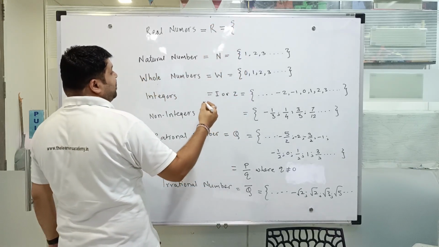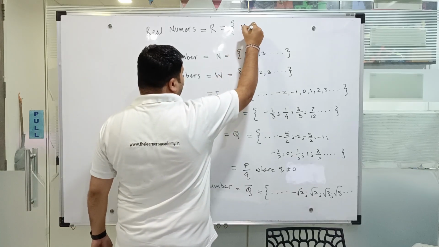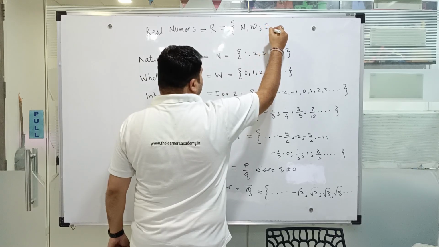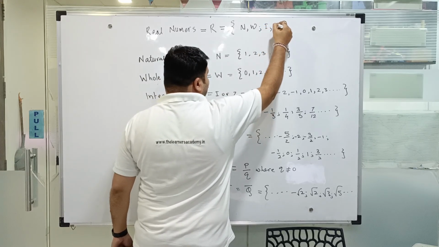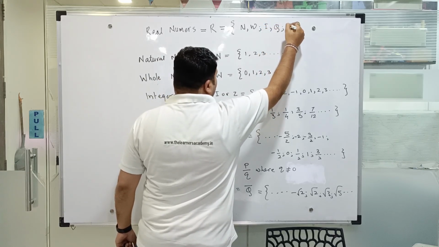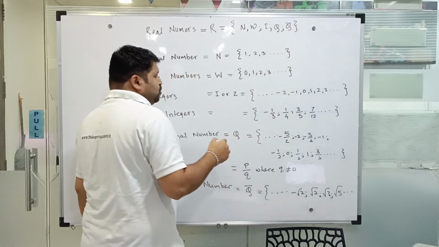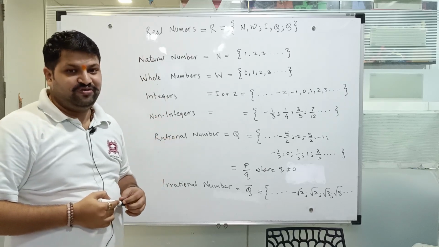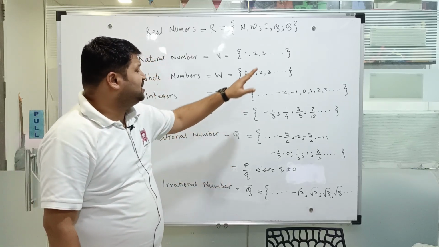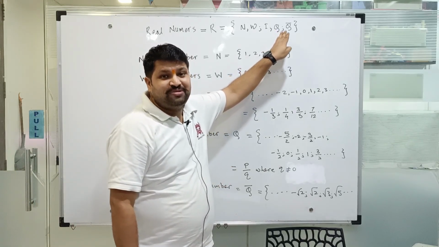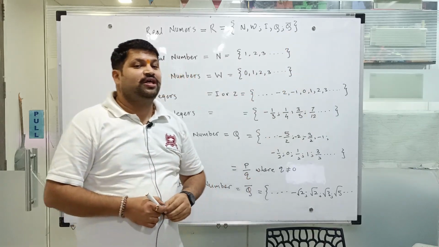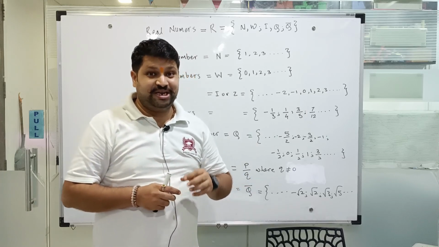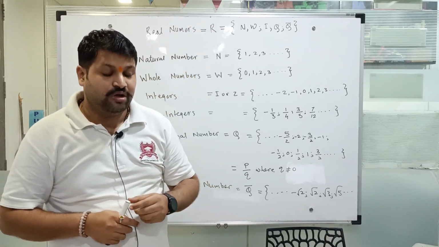So we would have natural numbers, whole numbers, integers, rational numbers and also irrational numbers. So everything taken together would be called the set of real numbers. So effectively, all the rational numbers and irrational numbers taken together would be considered real numbers.